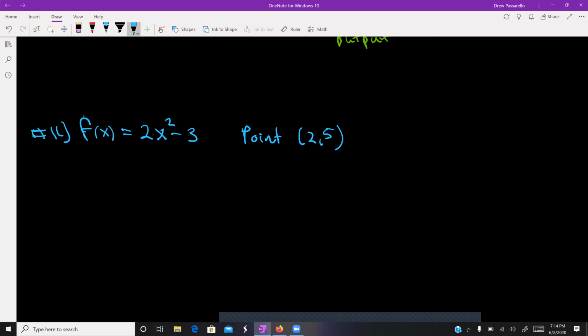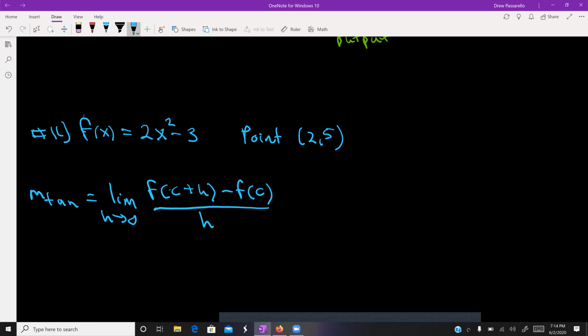So I'll write the definition, the slope of the tangent line: the limit as h goes to 0 of f of c plus h minus f of c, over h. In this case, c is 2. So f of c is f of 2.